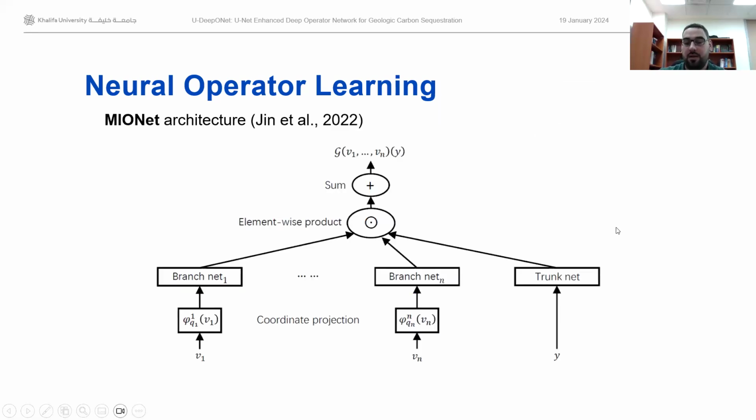Another important variation of the DeepONet is the multiple input operator net, which we call the MIONet. In this architecture, the authors, Jin and others in 2022, showed that you can use multiple branches and a single trunk combined through an element-wise product to learn multiple operators simultaneously.